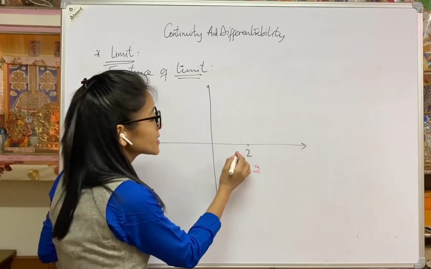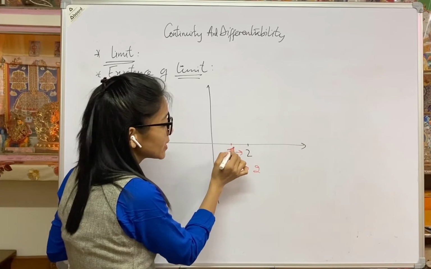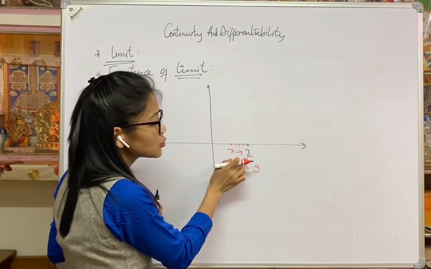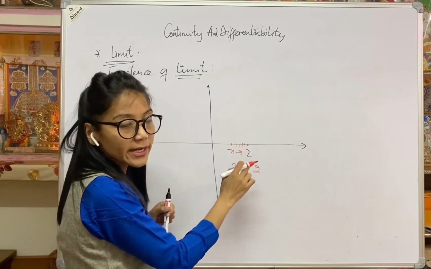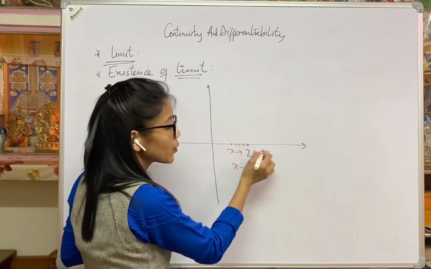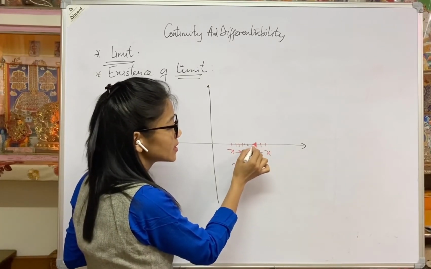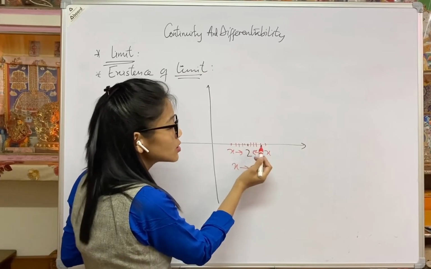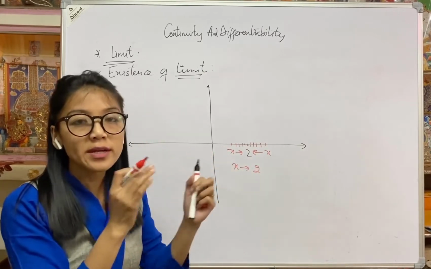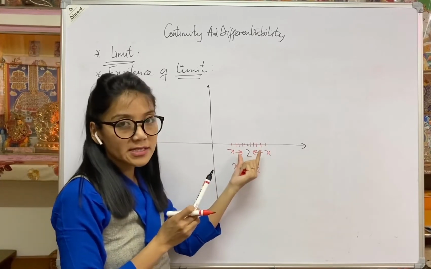Either x can tend towards 2 from the left hand side. First x is somewhere here, then here, then here. So x is coming nearer and nearer to 2 from the left hand side, right? The other way is x can come towards 2 from the right hand side. First x is somewhere here, then here, then here. Here also x is moving towards 2, but in the opposite direction. So both ways are correct, right?